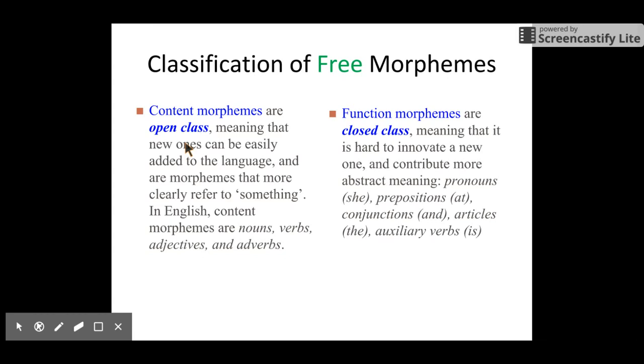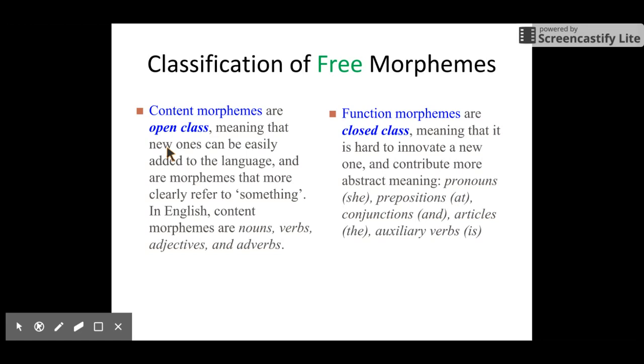They are morphemes that more clearly refer to something, which means that they have more semantics. So in English, content morphemes are nouns, verbs, adjectives, and adverbs.